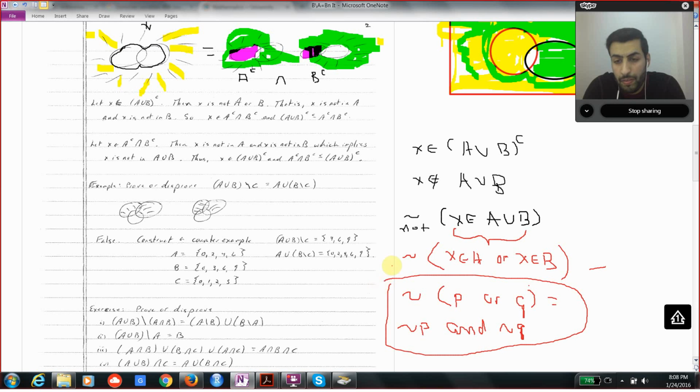Whenever we distribute a negation or a not across an or, we negate both of the statements and we change the or to an and.